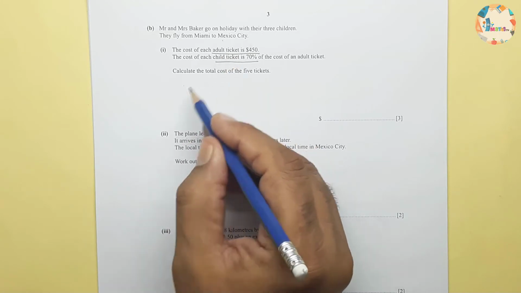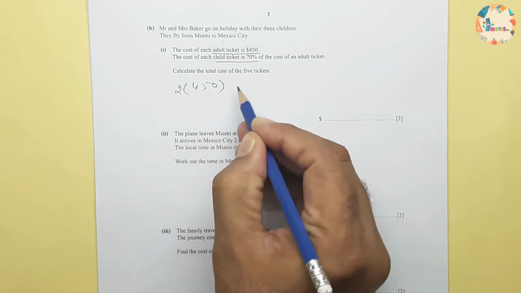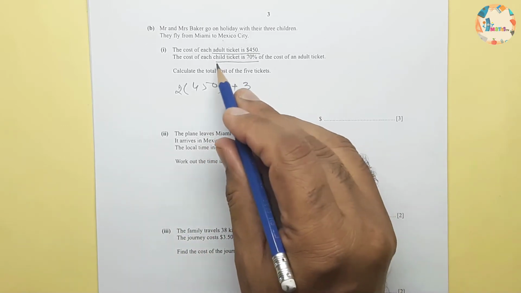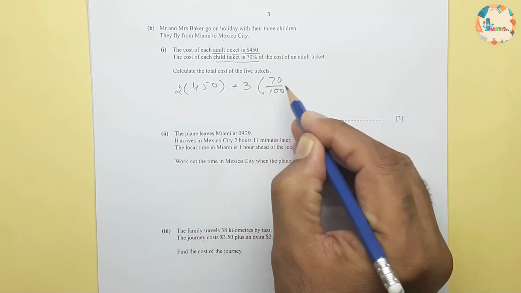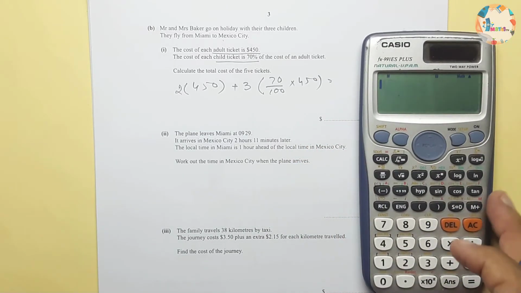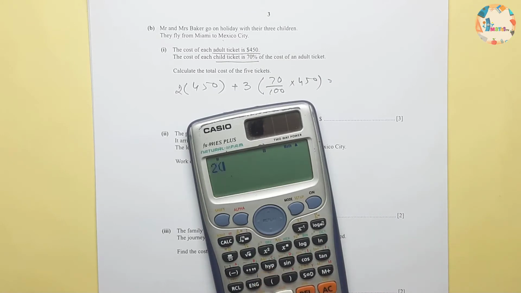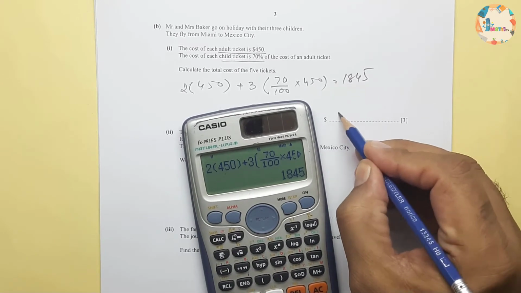There will be 2 adult tickets, so 2 into 450, and there are 3 child tickets, so 3 times 70% of 450. We can calculate this in one go: 2 multiplied by 450 plus 3 multiplied by 70 over 100 multiplied by 450, and this will be equal to 1845. This will be our answer.